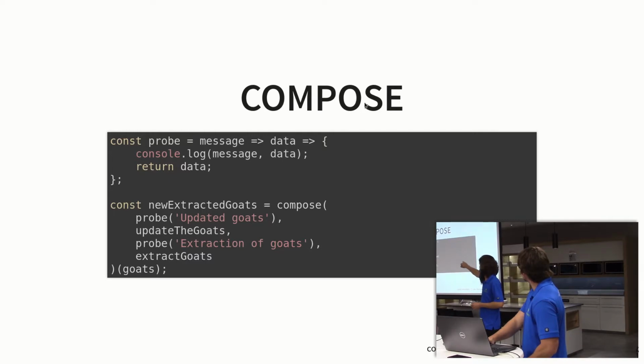And there you just create this probe that takes the message and data, and then you put your probes in your compose pipeline, and it outputs wherever you want it to output, what you want it to output. It actually showed me this nifty little probe function. Thanks. This is better because now, if you really need no console log, you can just comment out the one console log that you have, or you can just kill the lines which are probes. Really simple to remove from your code.